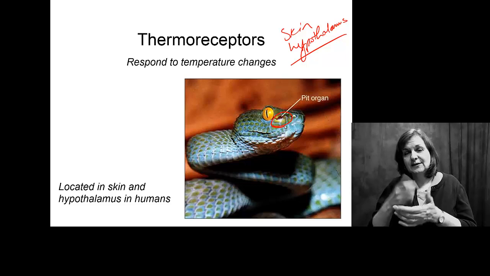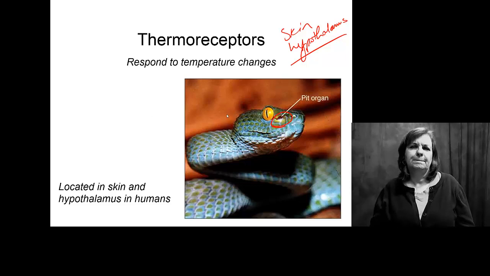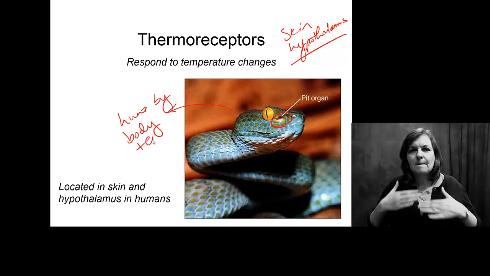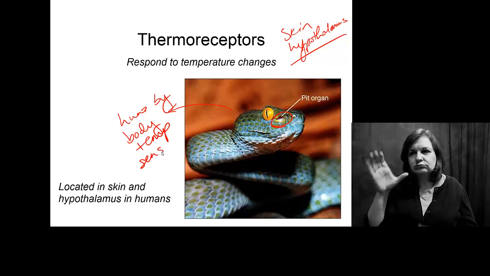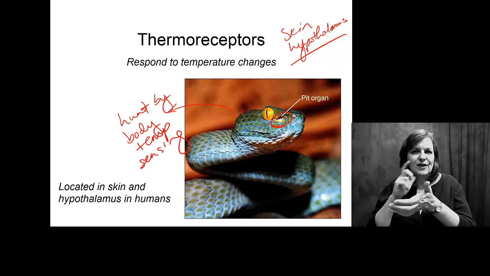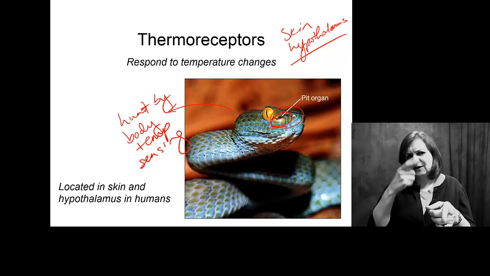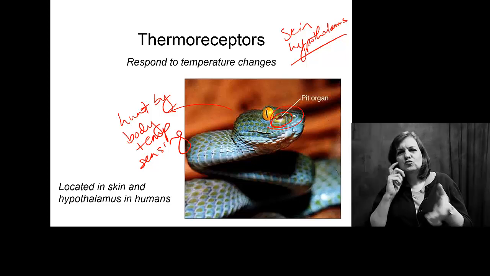Why? They hunt by body temperature, right? By body temperature sensing. And this is how they can do it. They look for their prey that are warm because they have heat receptors in the front of their faces, in these pit organs.